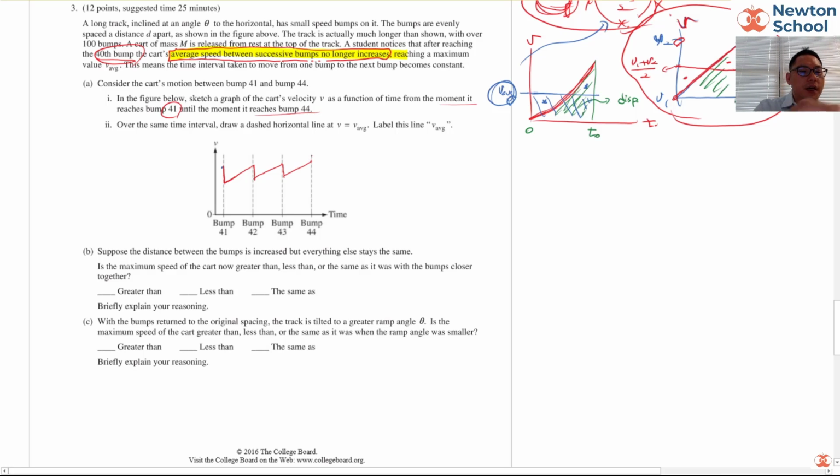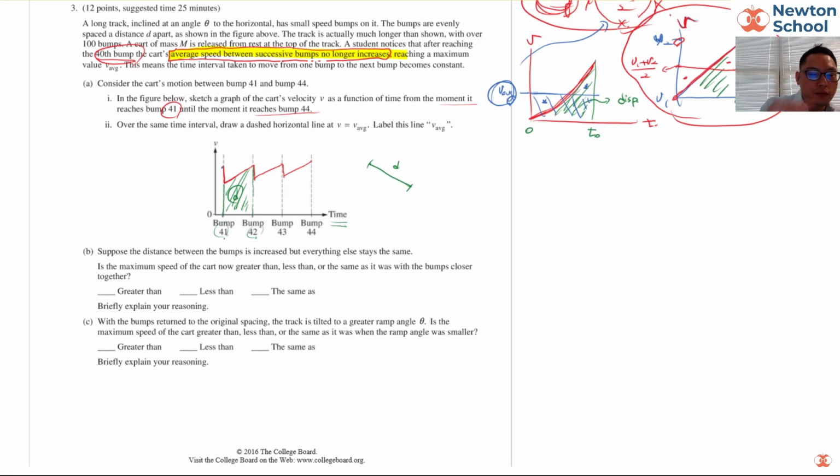But now, how do you write average speed? So once again, the displacement is this area, between 41 and 42. Remember, this is 41 and 42. This is actually time: the time it reached 41, the time it reached 42. This area is the displacement. That's the distance between the bumps, okay?